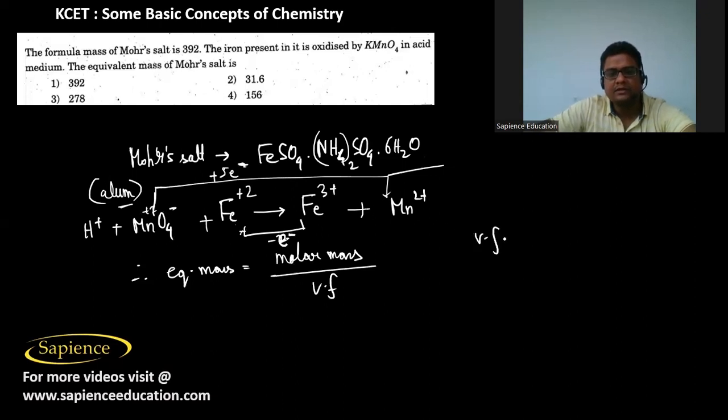So the valency factor for KMnO4 in the acidic medium is 5, and the valency factor for the Mohr salt is obviously 1 only.